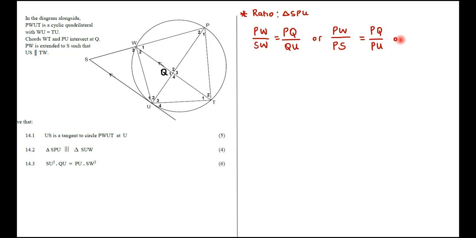Or I can say SW over PS equals QU over PU, right? So that is basically what I get from this triangle at the top. It's either this with that, or this with that, in proportion with the other side, right? Or this with that. So that's basically what I just did there.